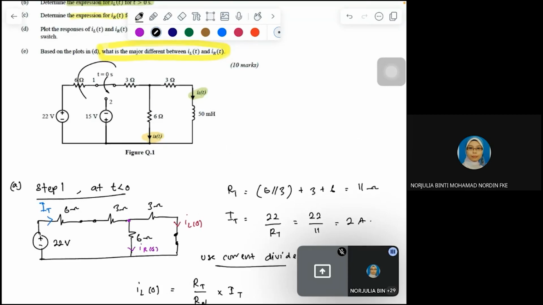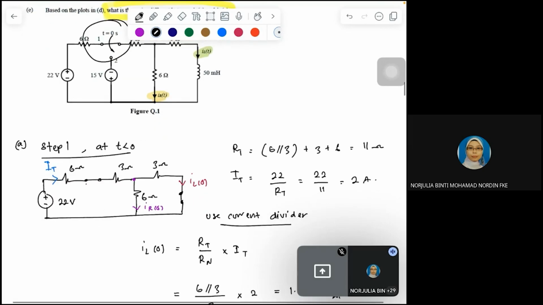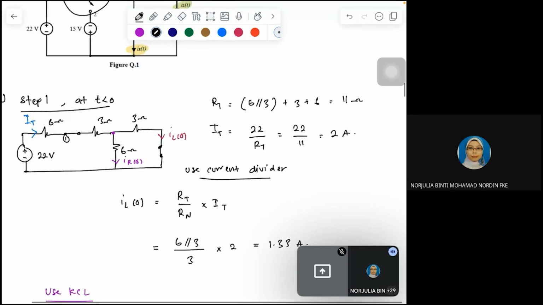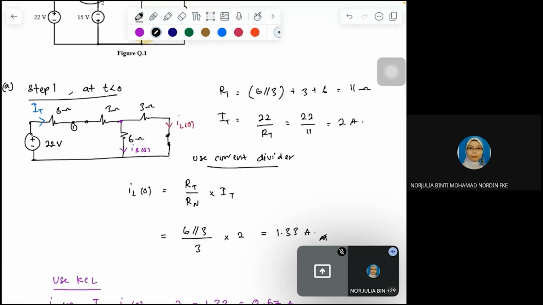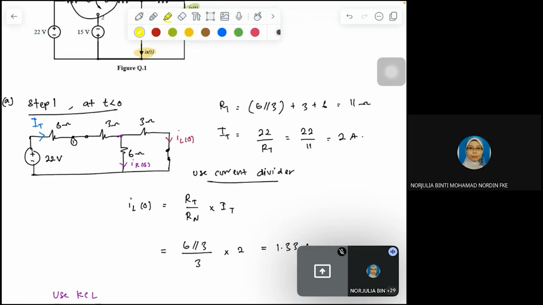Based on this switch configuration, before 0, the switch is at location 1, right? So this is what the circuit will look like. Based on this circuit, you need to come out with the value of the inductor initial current, and also the resistor initial current.